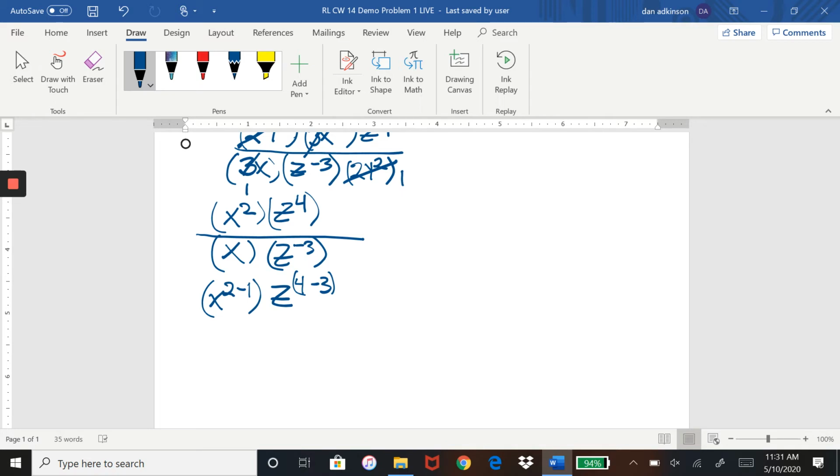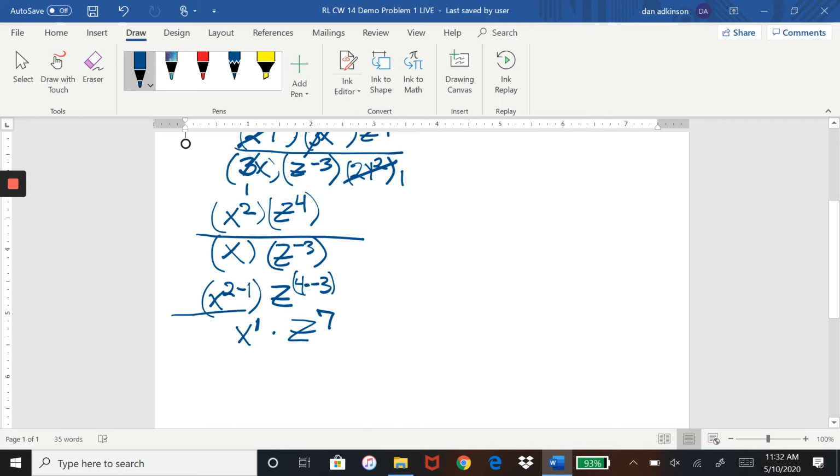Okay, let's look at it again. Oh yeah, since we're subtracting a negative, it's z to the fourth minus negative 3. So that's going to be different. Let's do that math. This becomes x to the first, and this becomes z to the 7th. Thank you for catching that mistake before I made it.